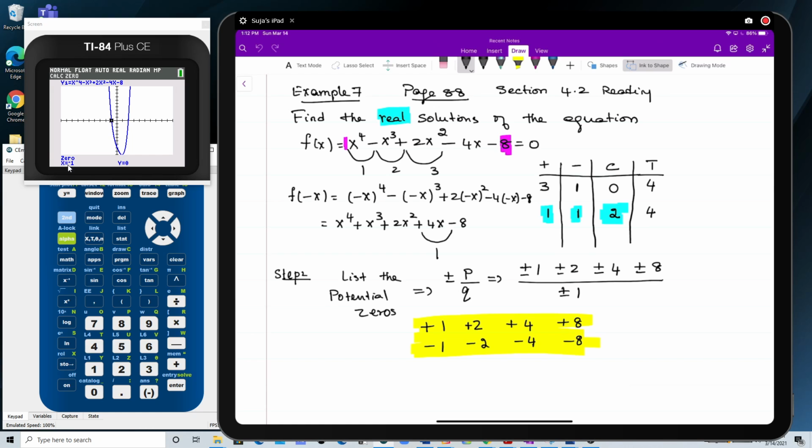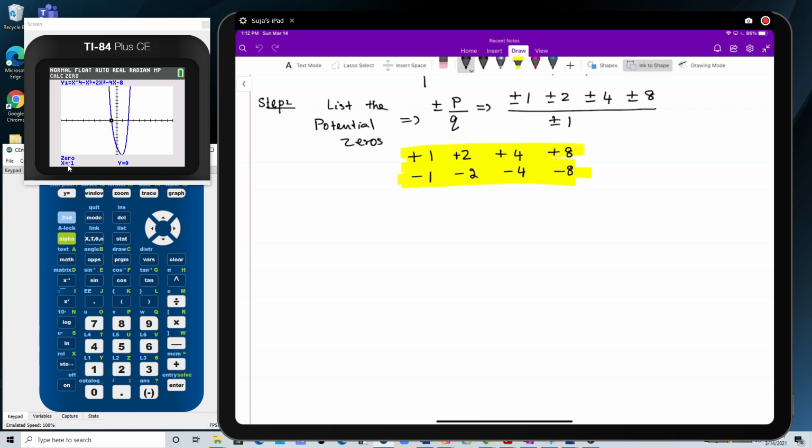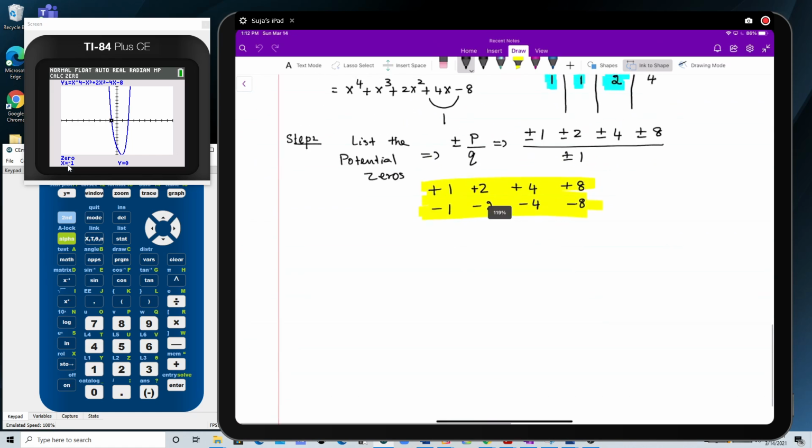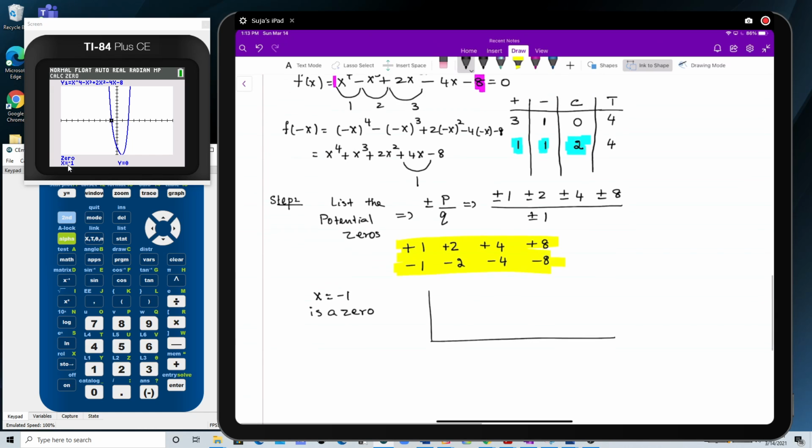So with that information, I am going to take this polynomial and divide by x equals negative 1. Let me write here: x equals negative 1 is a 0. Therefore, I'm going to take the polynomial and do synthetic division.